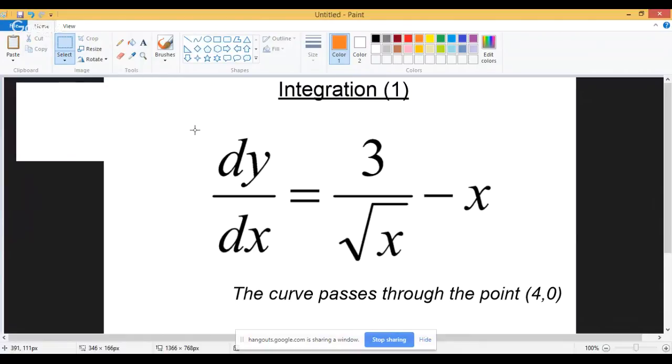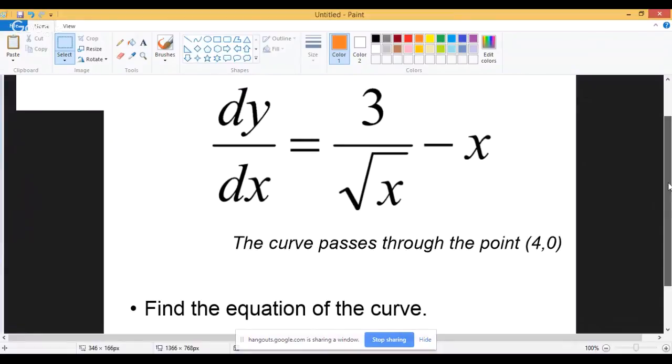Let's begin with our first topic, integration. Just take a moment to read through the question. In this question, you're given dy by dx is equal to 3 over the square root of x, minus x.